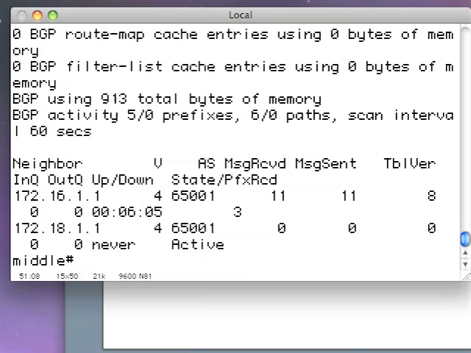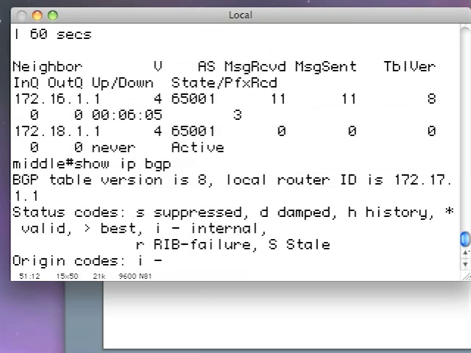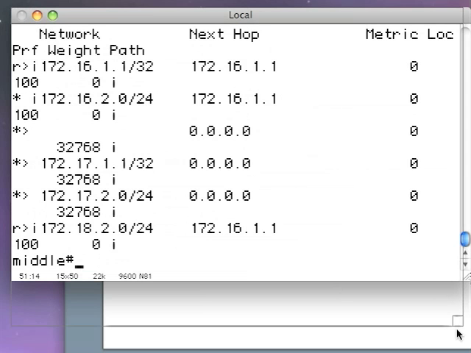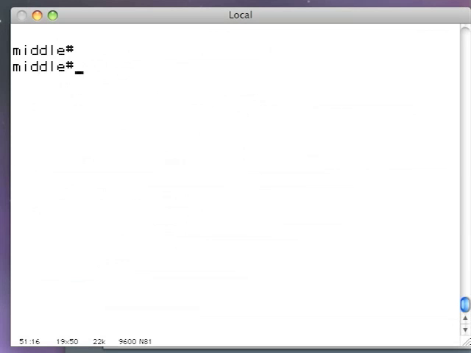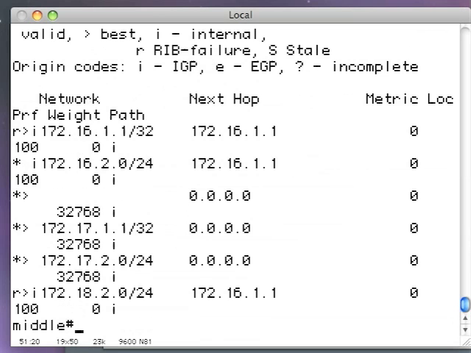Let's look at the BGP table. Show IP BGP. Give ourselves a little bit more room. And you can see here's the different subnets that I'm learning via BGP.